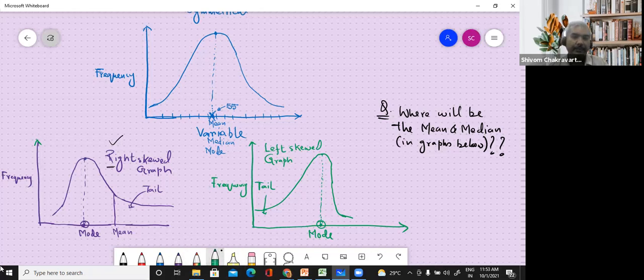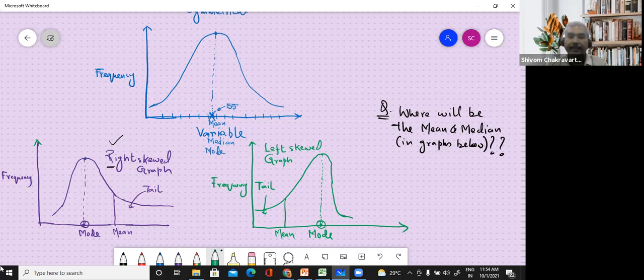Similarly, by similar logic, in the left skewed graph, the mean will be towards the left of the mode, because on this side there is more data. On the left side, there are more data points. Only a small number of data points are towards the right of this mode.